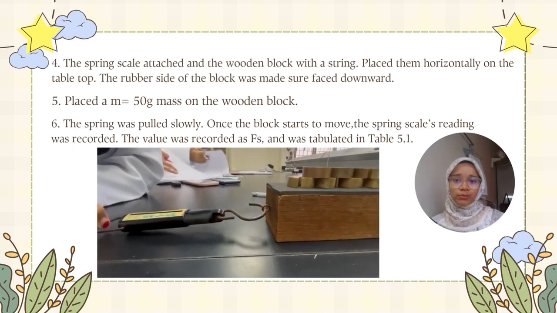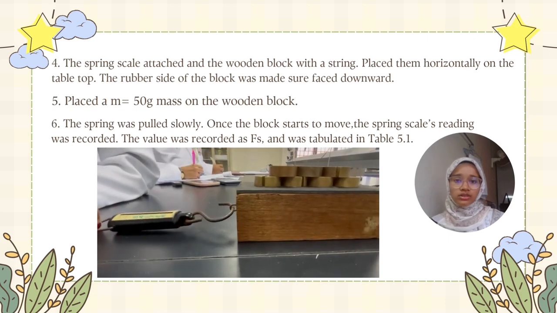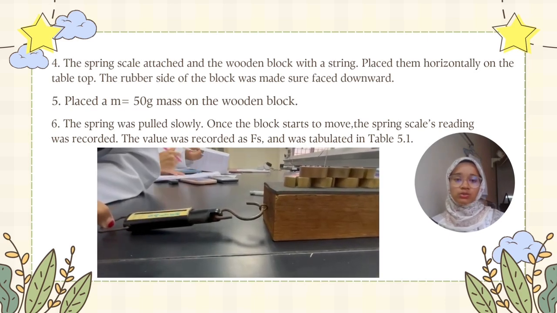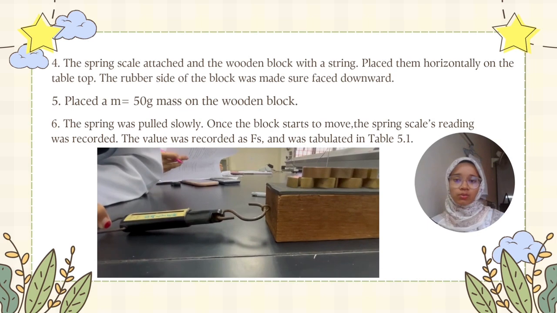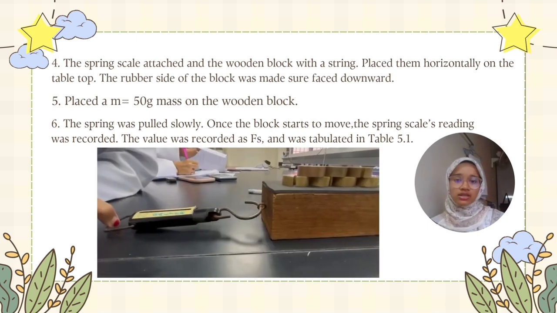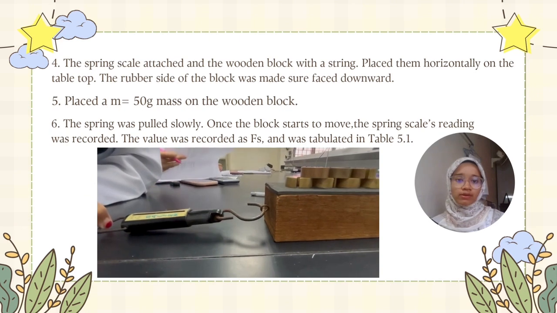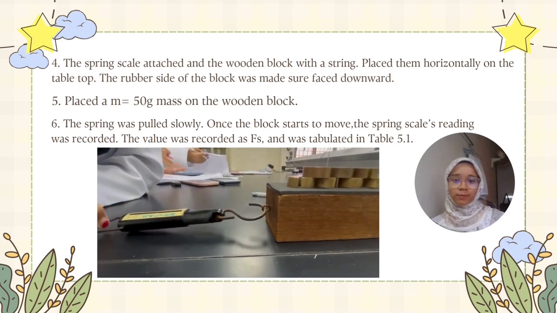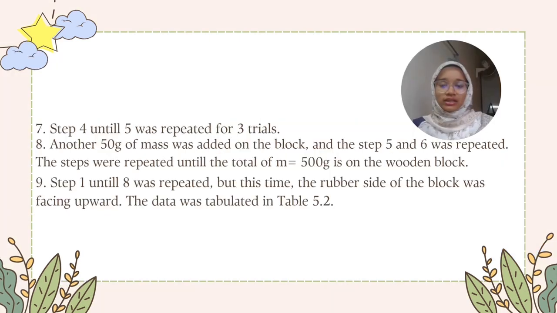6. The spring scale was pulled slowly. Once the block starts to move, the spring scale's reading was recorded. The value was recorded as Fs and was tabulated in Table 5.1. 7. Steps 4 until 6 were repeated for 3 trials. 8.